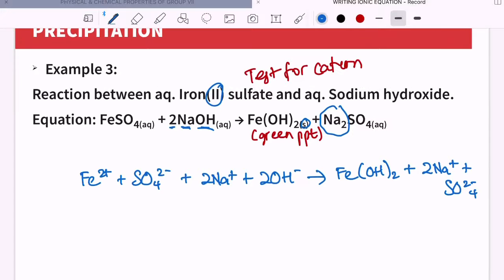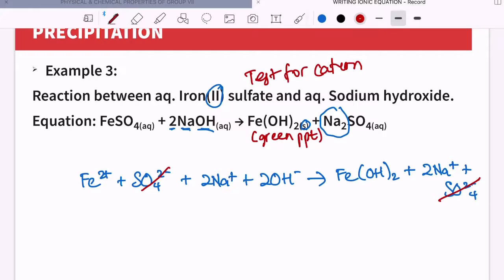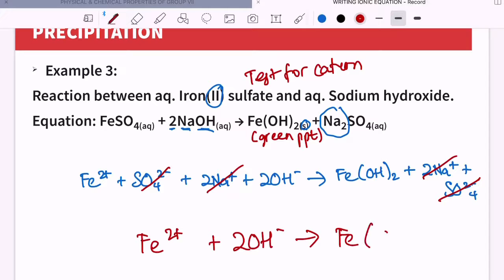Alright, so now let's cancel the same ions on the left and the right, sulfate and sulfate, sodium and sodium. Alright, let's write the remainder, Fe2 plus, 2 OH minus to form Fe(OH)2.